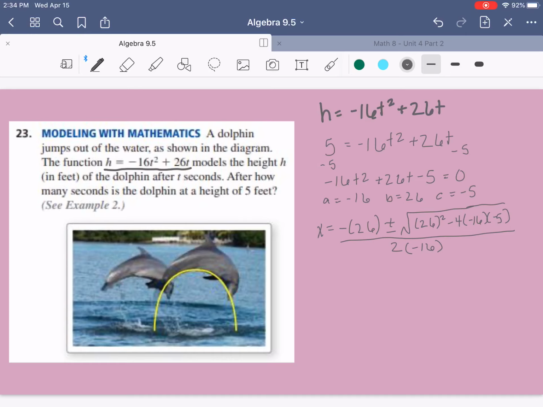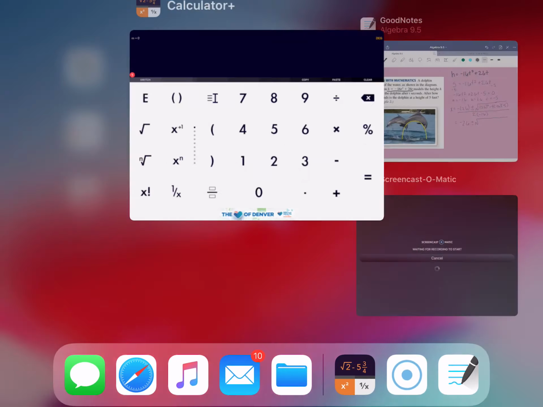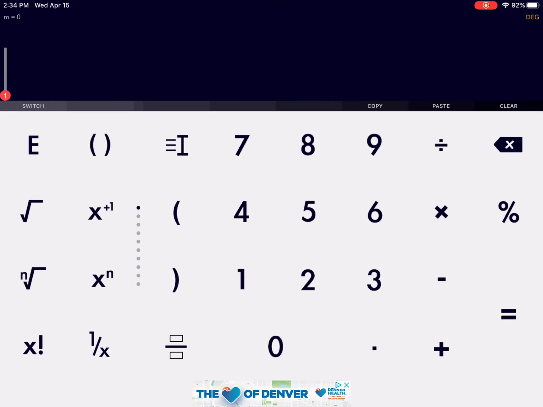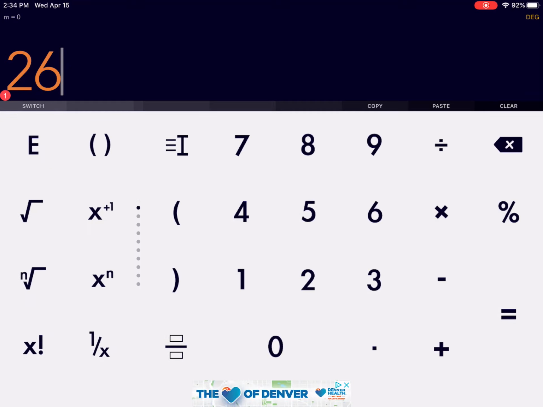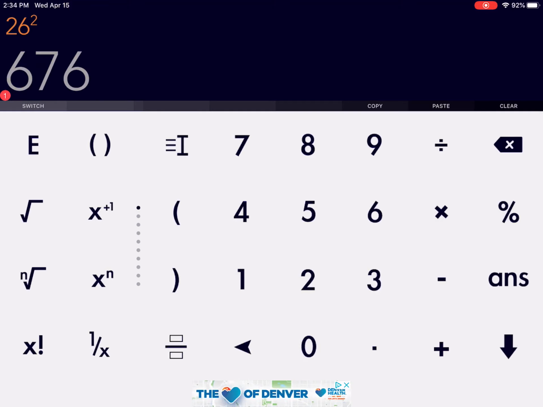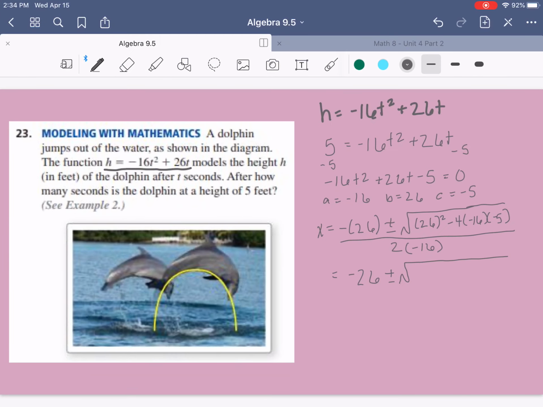All right, so this is negative 26 plus or minus, okay, 26 squared. Can't remember if this one has a squared button on it or not. There, 676.